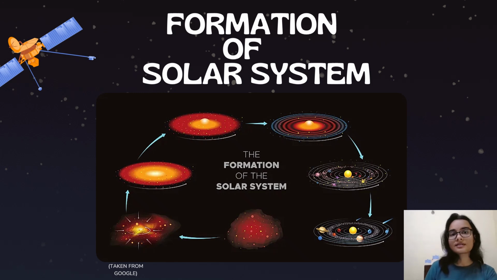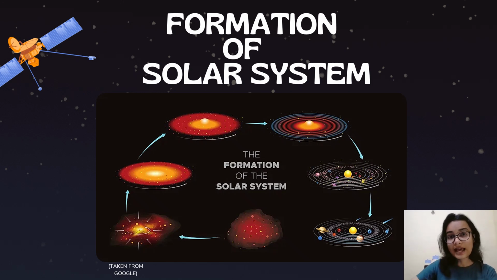Before discussing all the 8 planets, I think it is more important to discuss the formation of the solar system. About 4.6 billion years ago, a giant cloud of gas and dust known as the solar nebula began collapsing under its own gravity. It started spinning and flattening into a rotating disk.